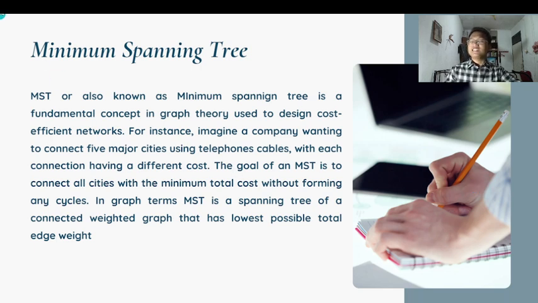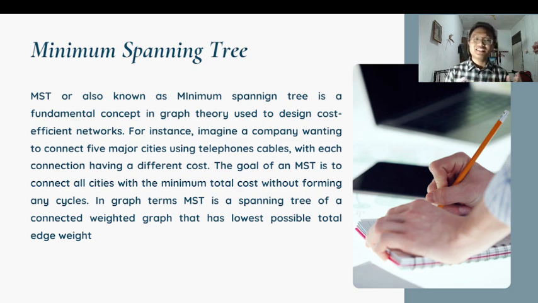Okay then, for the last topic, I will talk about minimum spanning tree. Minimum spanning tree, or we also call it MST, is a fundamental concept in graph theory used to design cost-efficient networks. For instance, imagine a company wanting to connect 5 major cities using telephone cables, with each connection having a different cost.